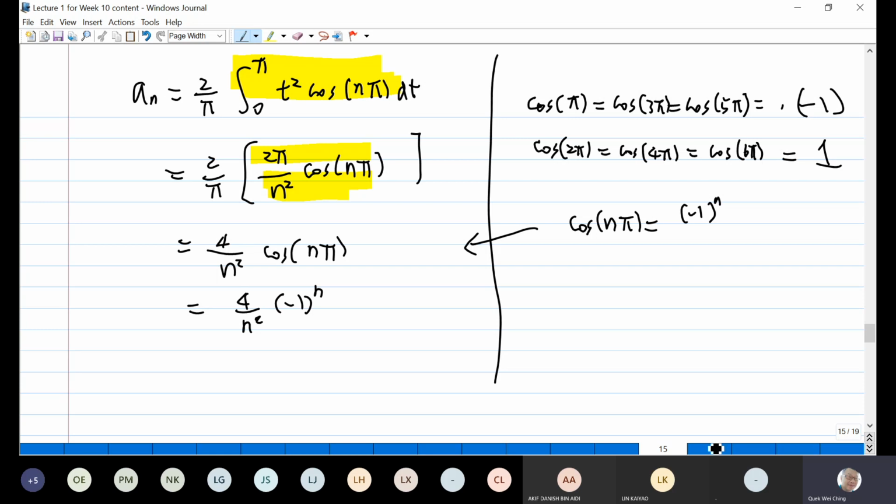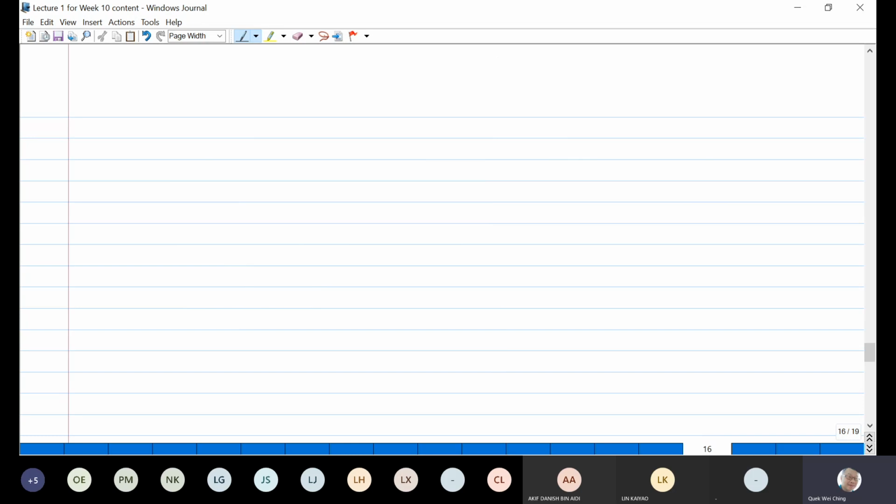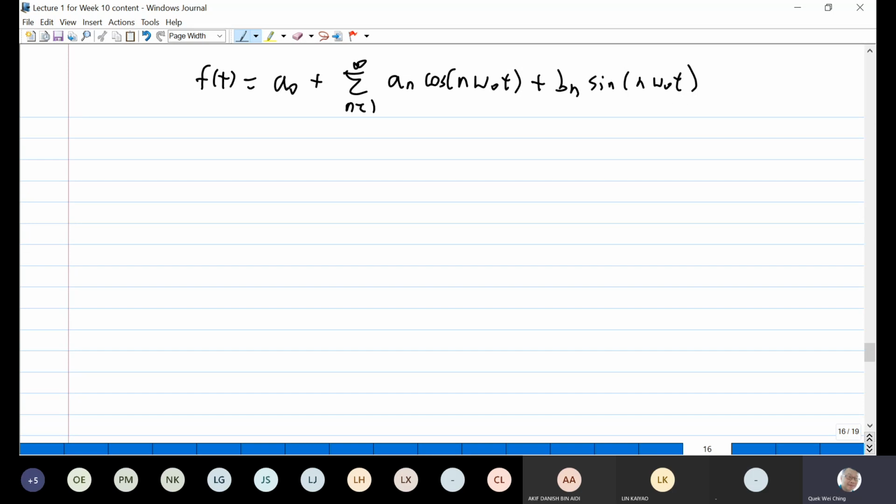The Fourier series has this formula: ft equals a0 plus summation of n from 1 to infinity of an cosine n omega 0 t plus bn sine n omega 0 t. This is the Fourier series formula.